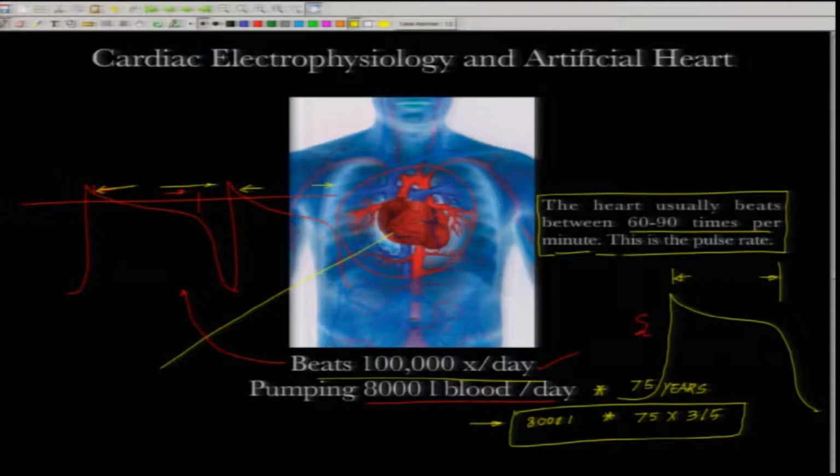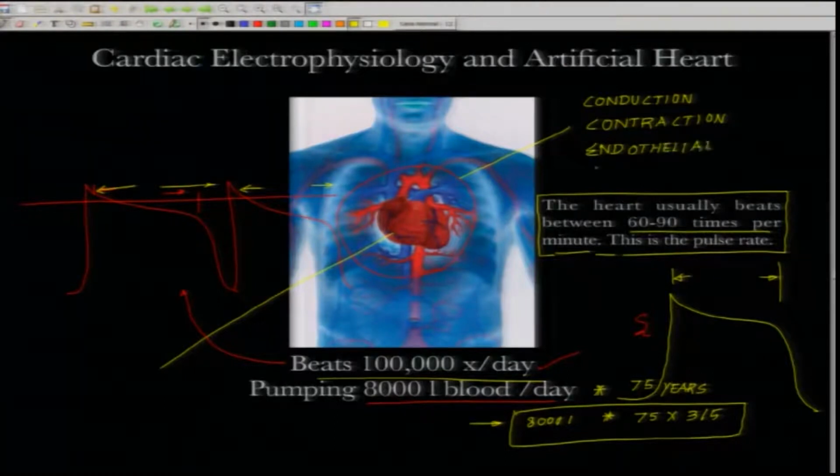Look at this: this is what consists of your conduction system, conduction, contraction, which is the cardiac myocytes, endothelial cells forming the blood vessels and carrying the blood, and stem cells.